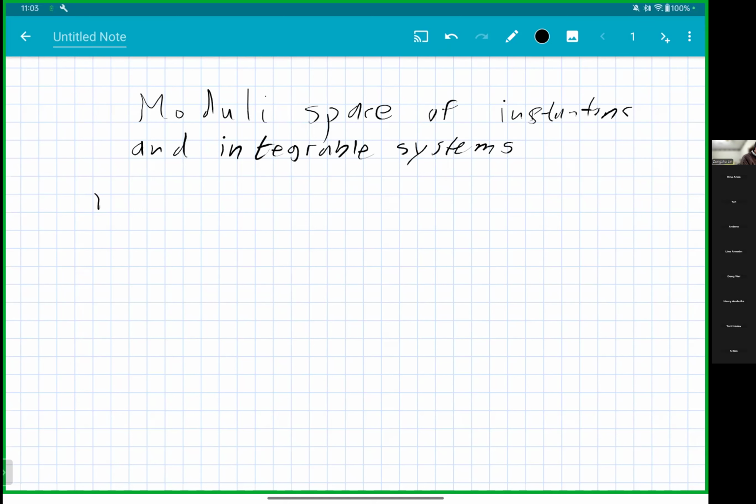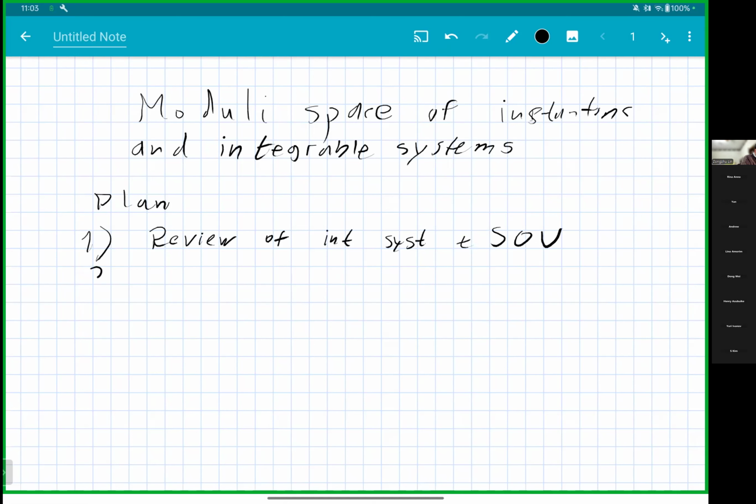So the plan. At first, a review of integrable systems, plus what is separation of variables.